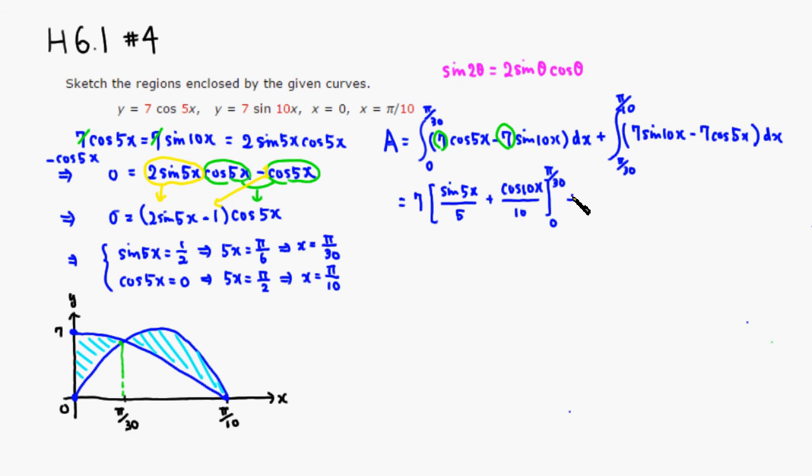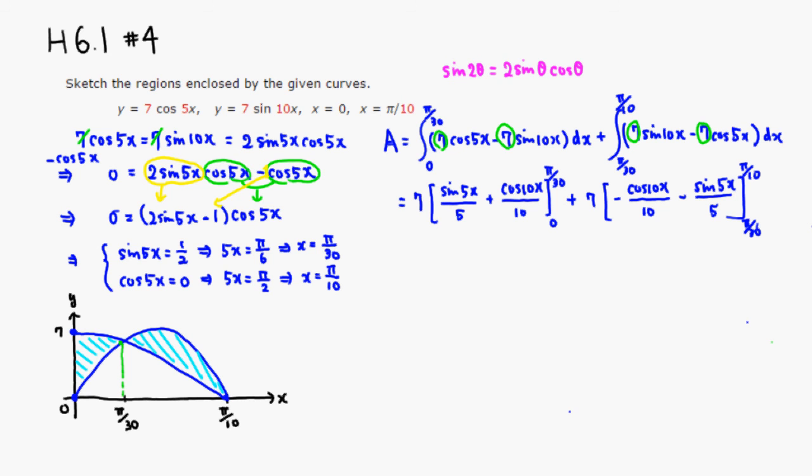Plus, again 7 is in common, so 7 outside. Then the antiderivative of sine of 10x is negative cosine of 10x over 10, and the antiderivative of negative cosine would be negative sine of 5x over 5. Then you're going from, oh actually not 0, sorry, pi over 30 to pi over 10.